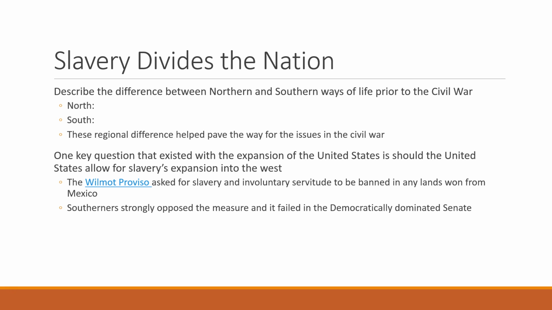Now the South is very different from this. The South is a very agrarian society that's focused on farming. We have a society that is largely predicated on the use of slavery in order to keep farms and plantations profitable. So when we look at where the United States stands going into the Civil War, we see two very different societies that view the world in very different ways.